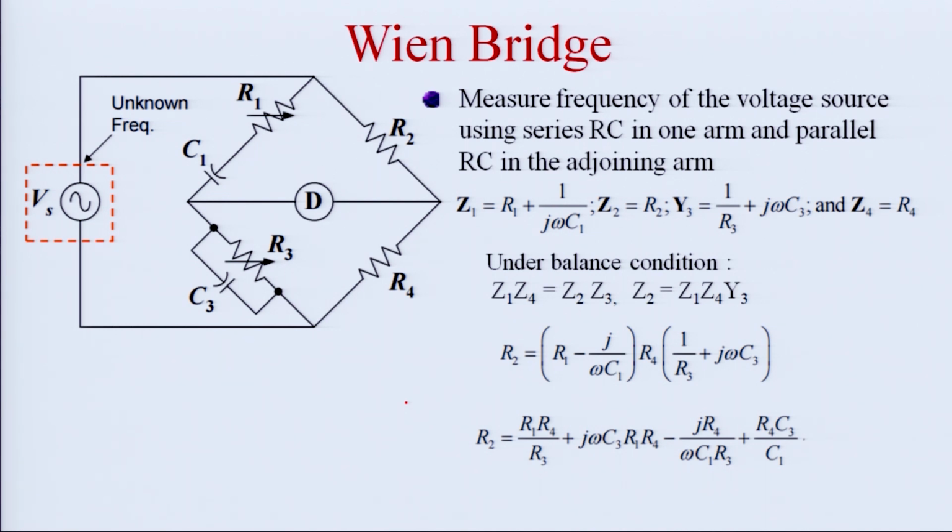Under balance condition we have to vary R3 to balance the bridge. Balance condition means there is no current through the detector circuit, then Z1 Z4 is equal to Z2 Z3. By substituting the values of Z1, Z2, Z3, Z4, we will find this equation, and by solving this we will find these terms.